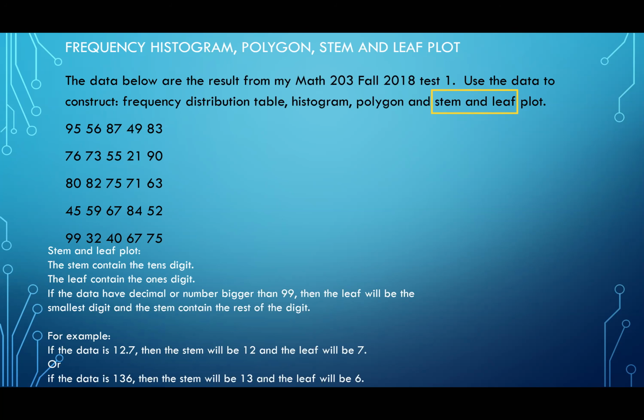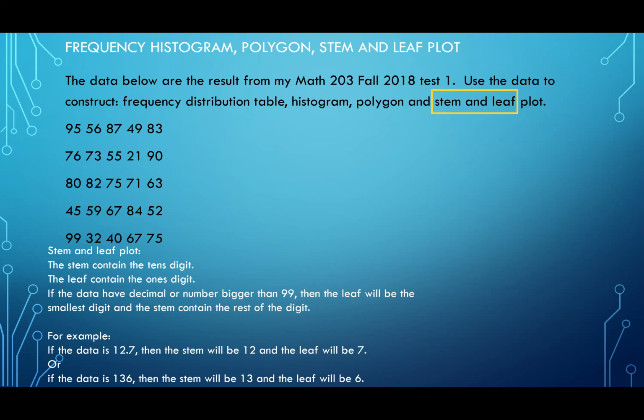If your number is big, like 117, then the 10 and beyond, the 1 and 1, will be your stem, and your leaf will be the 1s digit. Meaning, the smallest digit will be your leaf. Just imagine that you have a branch in your tree. The stem will be some large item, and the smallest item is the leaf of the tree.